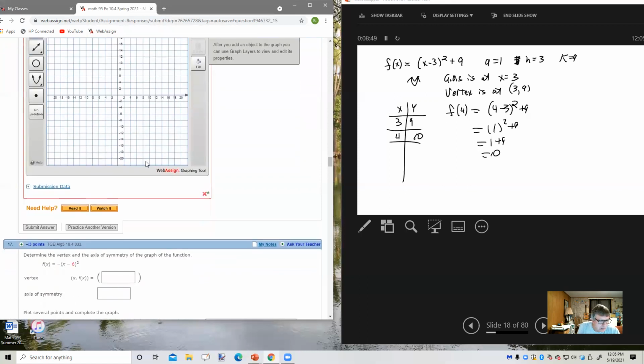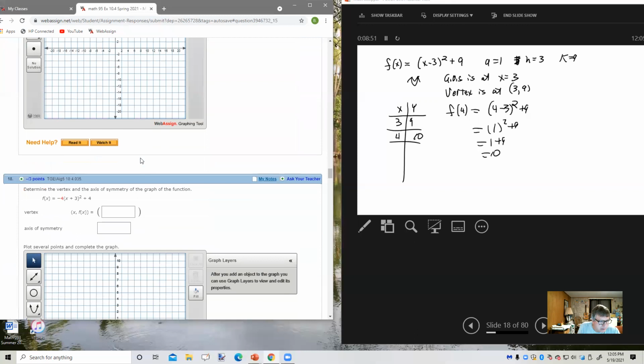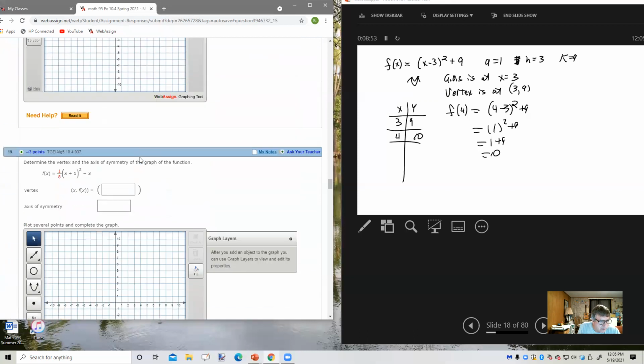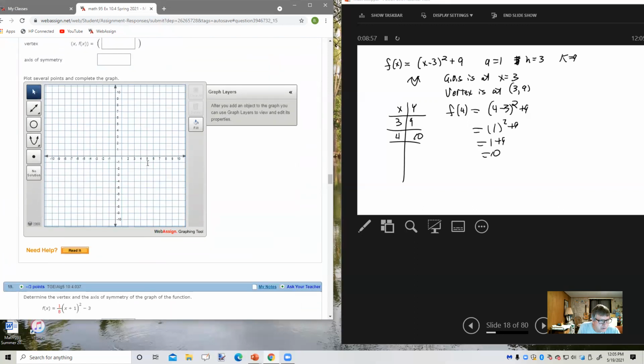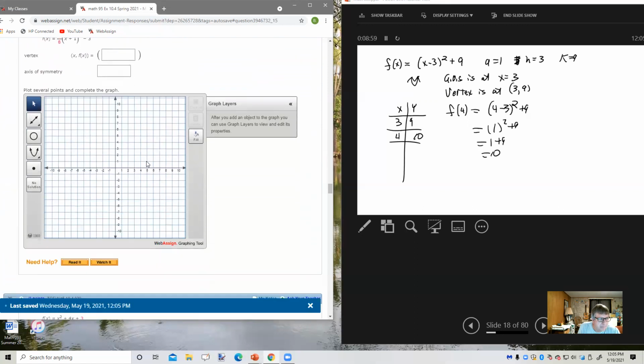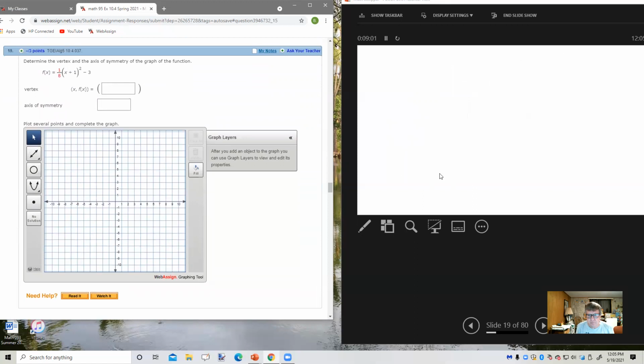Okay, let's see here. I wanted to find one that had fractions. Let's do this one. Okay. Yeah, we still got time. Okay, so f of x equals 1/8 times the quantity x plus 1 squared minus 3.